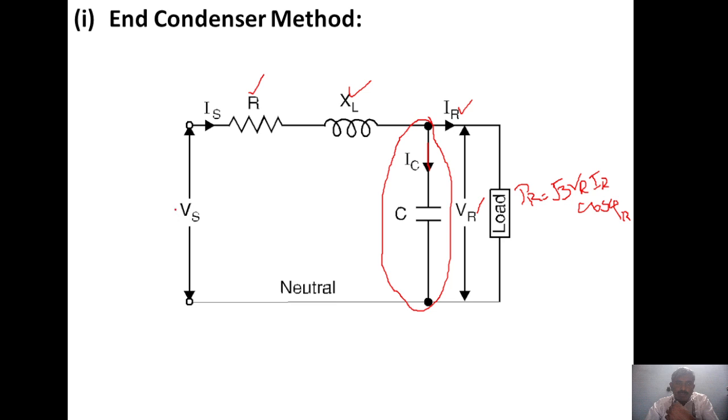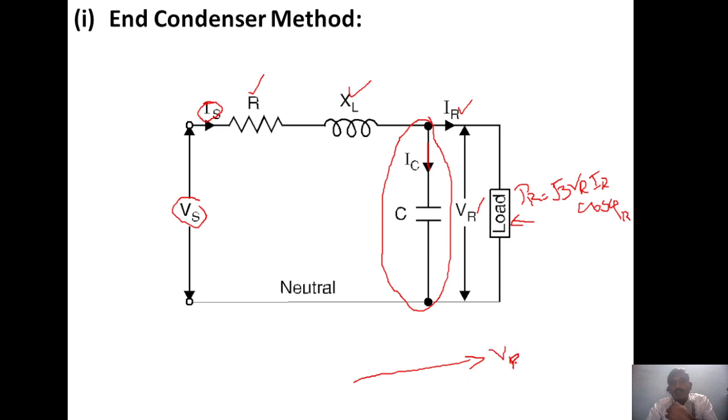Usually the load will be lagging, so definitely the cos phi will be lagging in nature. Now I am going to analyze the value of Vs and Is and then find the efficiency and voltage regulation of the given transmission line. For the analysis, it's necessary to draw the phasor diagram. The phasor diagram we will start from the end of the line. VR you will take as the reference value.